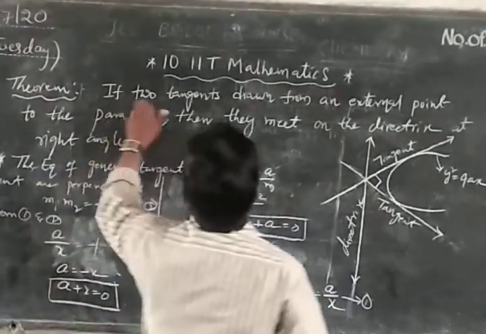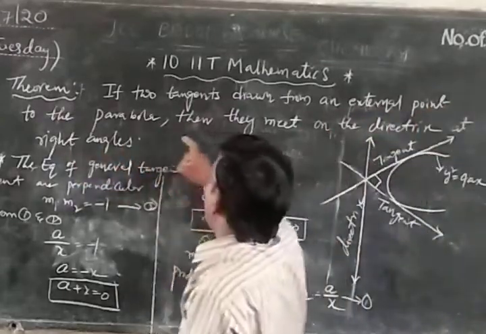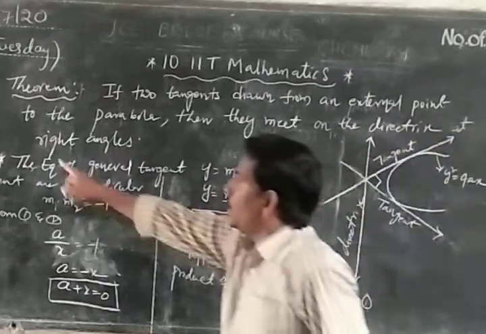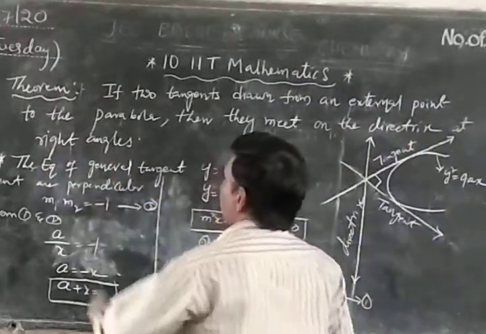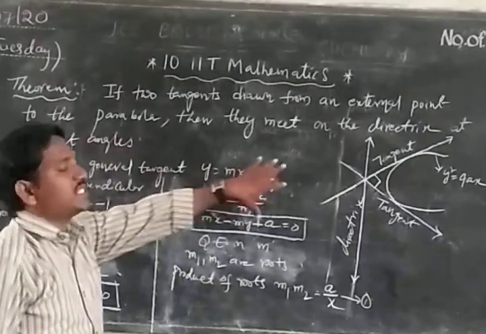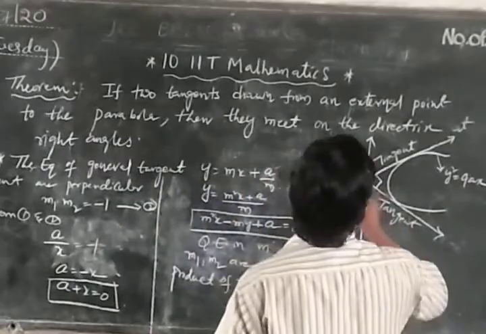Okay, here. If two tangents are drawn from an external point to the parabola and they meet on the directrix, they are at right angles. The equation of the general tangent is y equal to mx plus c. But we know that c equal to a by m.